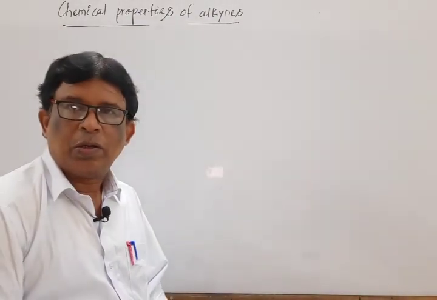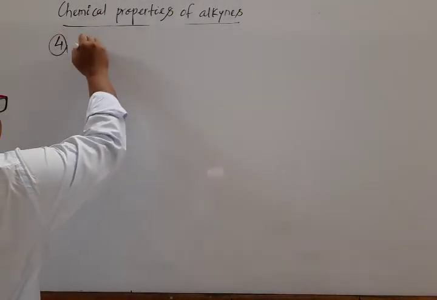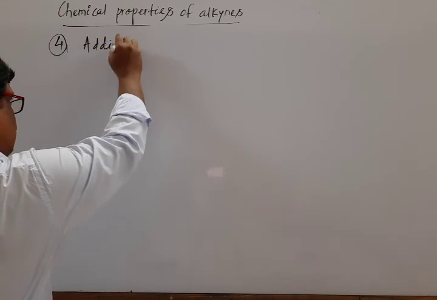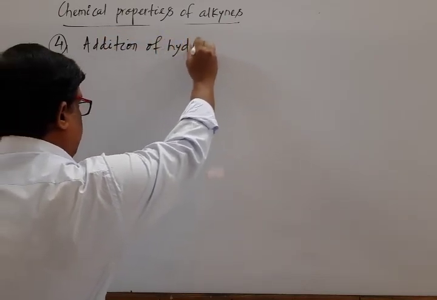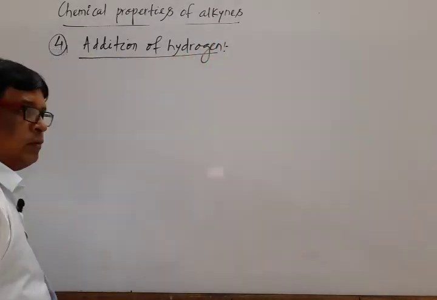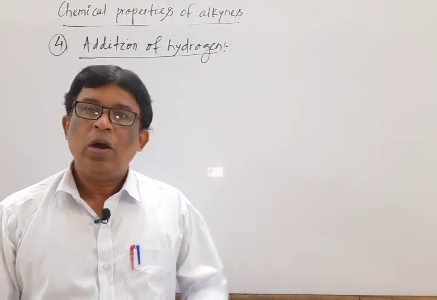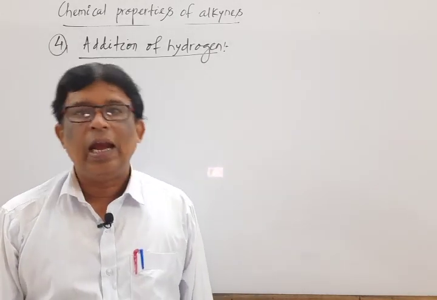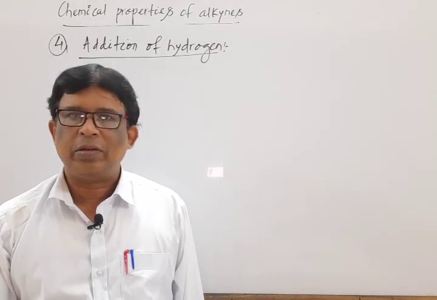Next, switch over to the fourth chemical property, that is addition of hydrogen. Okay. Under this one, two bits are there. One bit was already covered in alkene and alkane, that is known as the Sabatier-Senderens reaction.